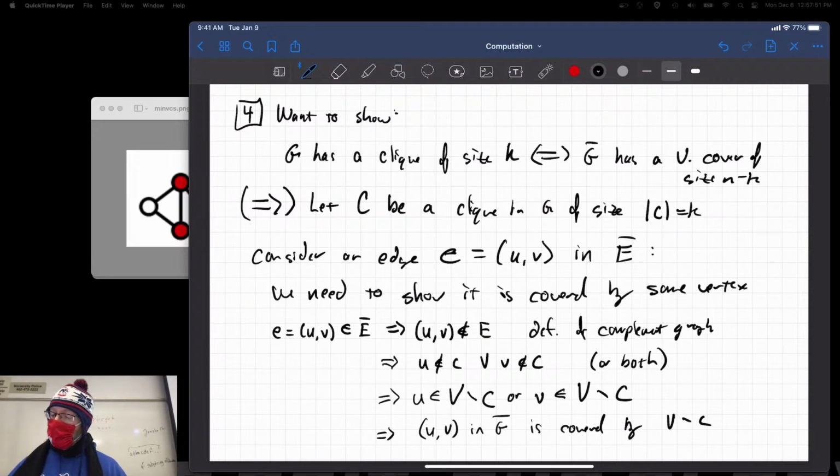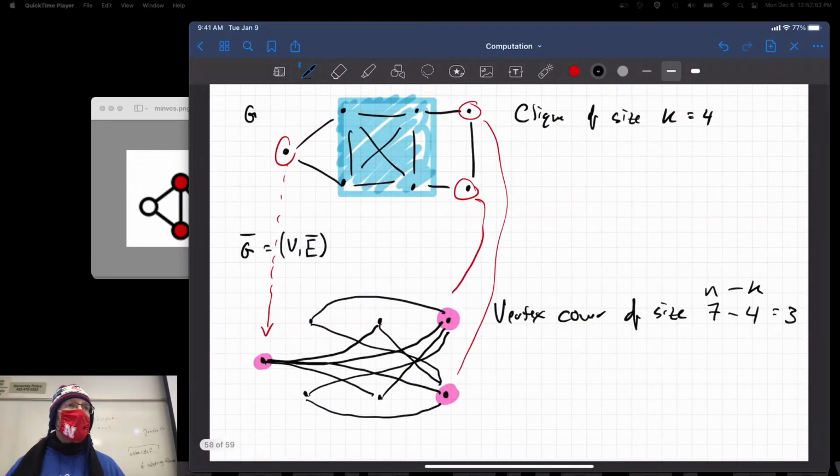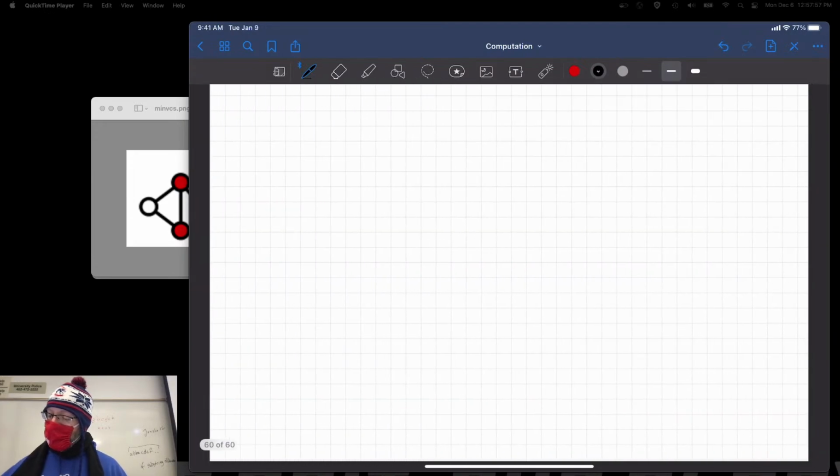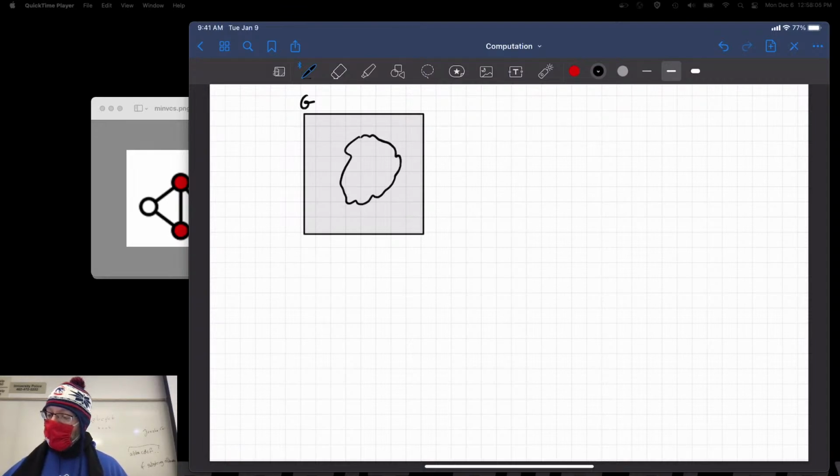Now again, you can look at that from the perspective of an example, or you can look at it from the perspective of a generalized example here. Here's G. And here's my clique of size K. Everything outside this clique is V minus C. Now think about the mapping of V complement.